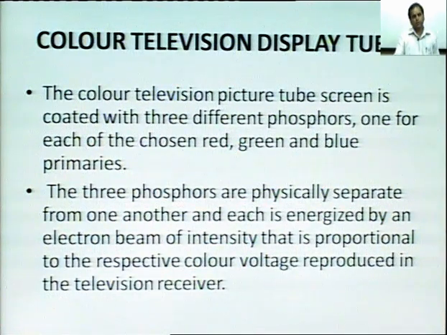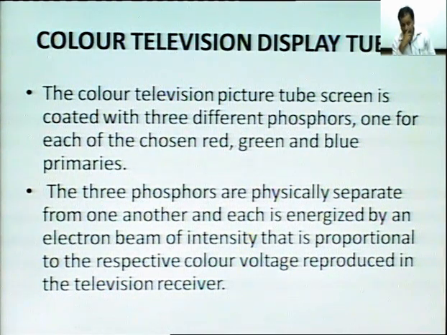Color television display tube. The color television picture tube screen is coated with three different phosphors, one for each of the chosen red, green and blue primaries. As I discussed earlier also, these three colors are called the primary colors. The three phosphors are physically separate from one another, and each is energized by an electron beam of intensity proportional to the respective color voltage reproduced in the television receiver.